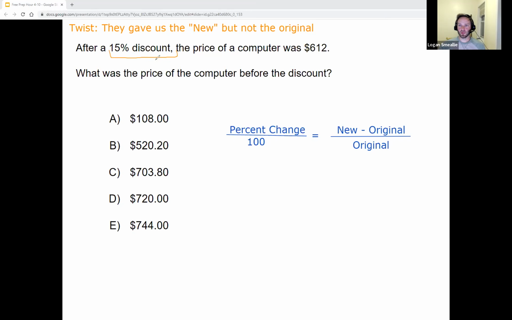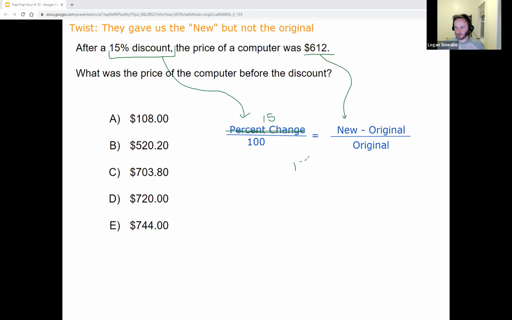15% discount means that 15 is the percentage change for this problem. 612 is the price now after the discount, so that is the new price.